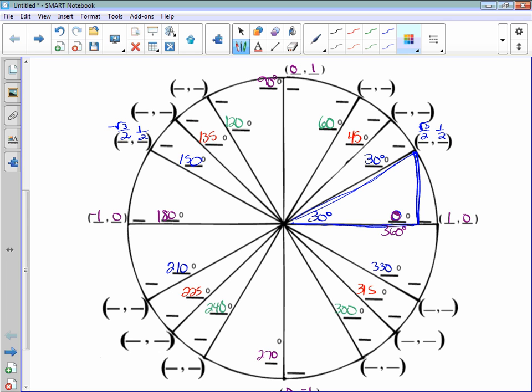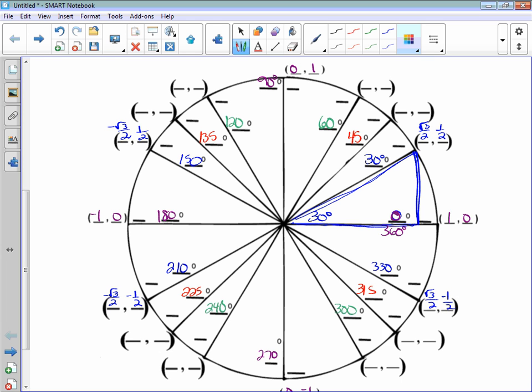Negative, negative. Yeah, negative √3/2, negative 1/2. And over there in the fourth quadrant, √3/2, negative 1/2. Okay? So if you know this ordered pair, you know 3 other ordered pairs.